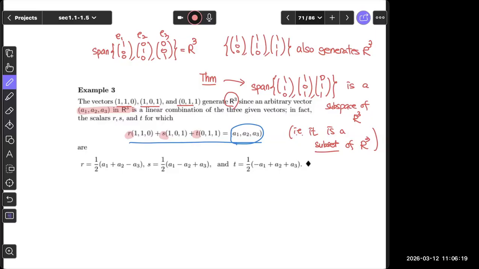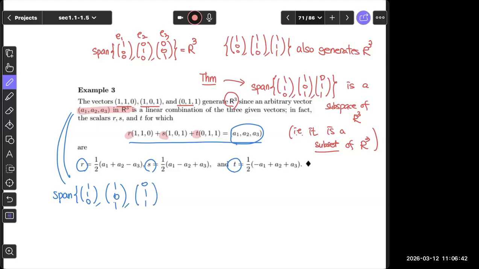Now, for this problem, you can easily find solutions. So that means this part means the span of those three vectors includes R3 space.